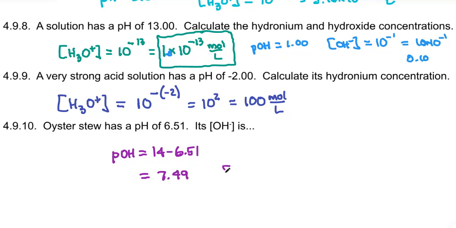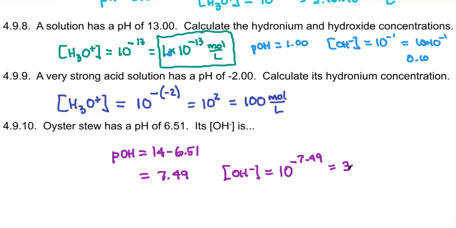Now that we know that, the hydroxide concentration is, remember it? 10 to the minus pOH, which means 10 to the minus 7.49.